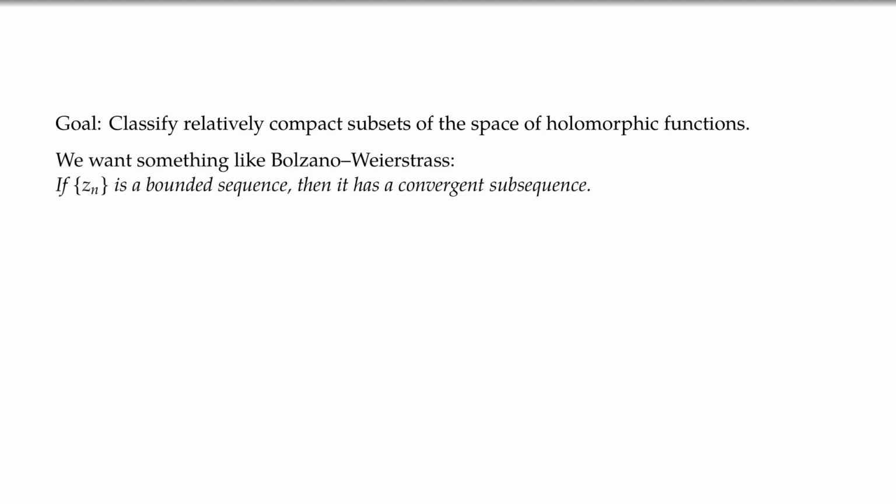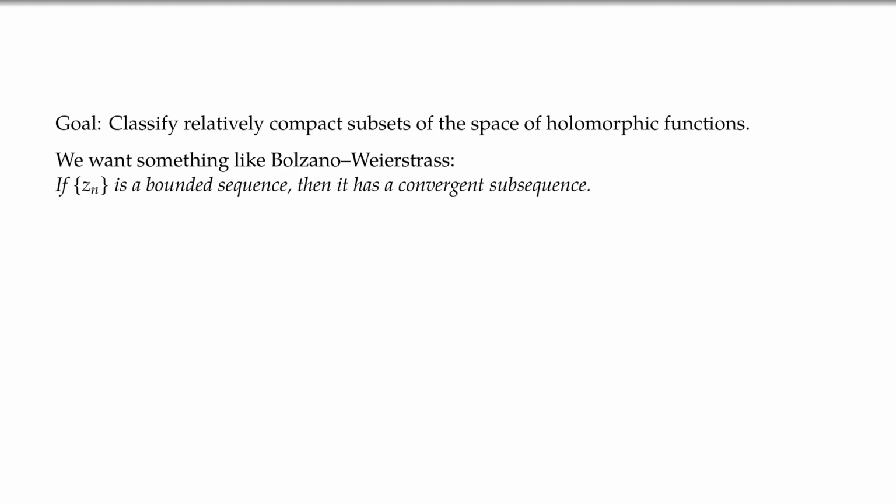So what do we want in the end? In the end, we want something like Bolzano-Weierstrass, but Bolzano-Weierstrass is for just numbers. And we'll actually use Bolzano-Weierstrass a bunch of times. But what we want is something with the flavor of, if we have a bounded sequence, then it has a convergent subsequence.